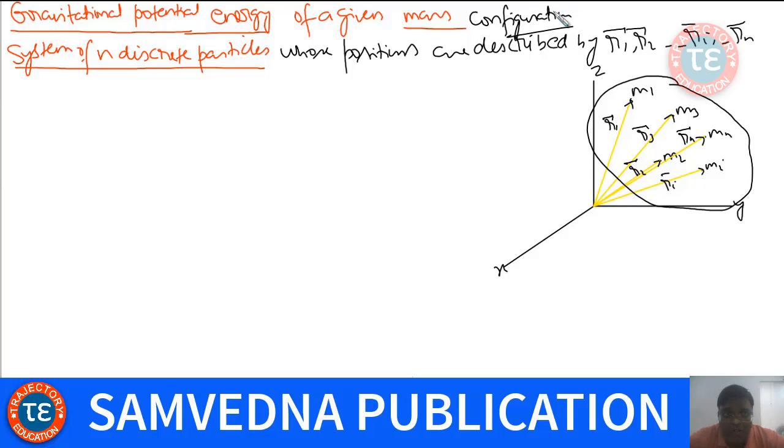Before you find potential energy for the given mass configuration, first think of that configuration of the given system. You are given a system of n particles and asked to find its potential energy for a given mass configuration.